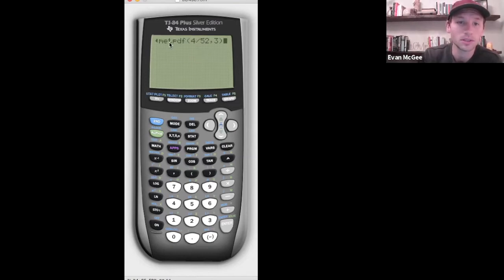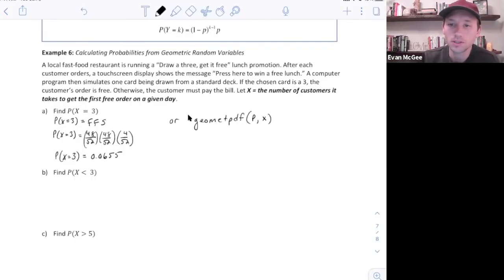So paste it, you can see geometric PDF. P is your first input and X is your next input, and it will give us 0.0655, just like we saw before. So this is your formula for the geometric PDF in the calculator, probability of a success and the number of trials to the first success. So I'll write out the probability of X being equal to 3 like we saw in the calculator.